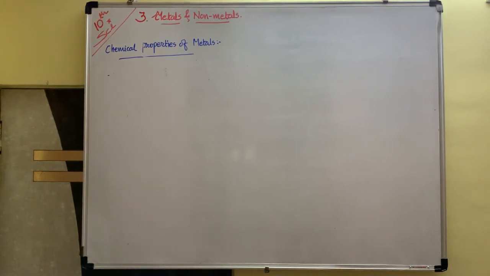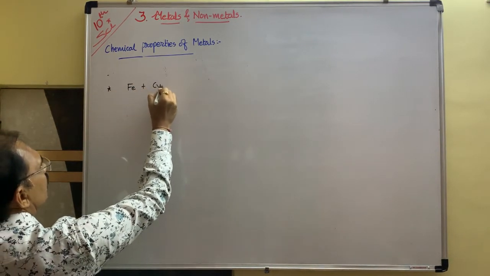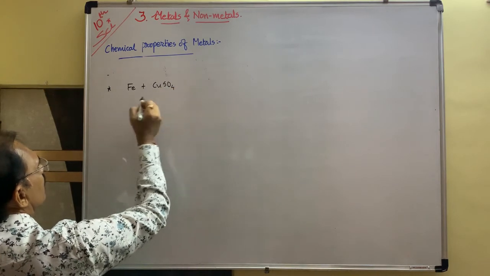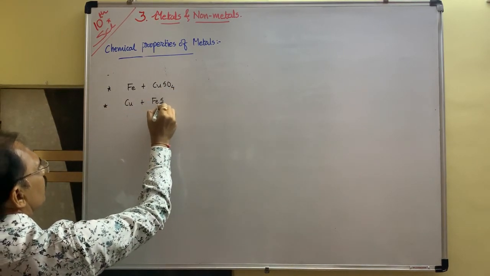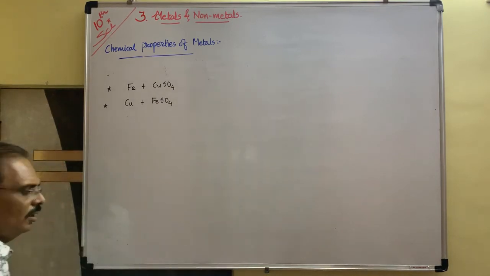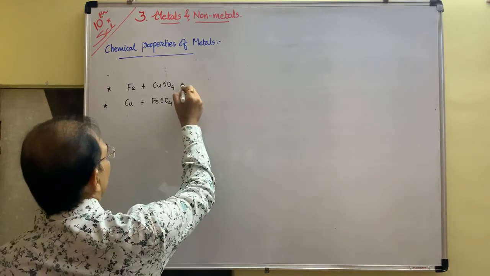As for example, if you take iron nail, means iron, with salt solution of metal, that is copper sulfate, and vice versa, if you take copper and salt solution of iron sulfate, that is FeSO4. Now what happens? See, the vice versa thing.